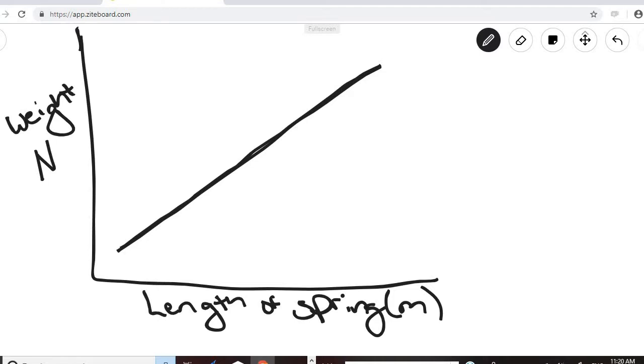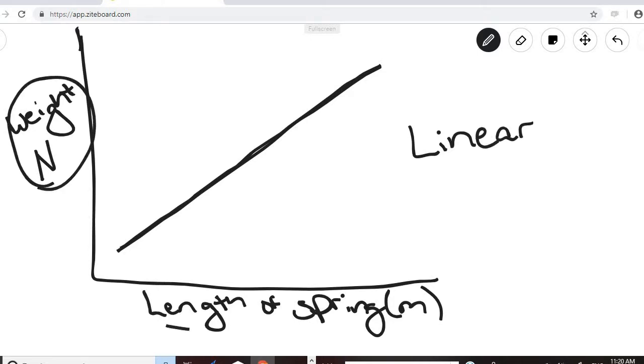So we would say that it's a linear relationship, and that the weight of the object and the length of the spring are directly proportional to each other. As one increases, the other increases.